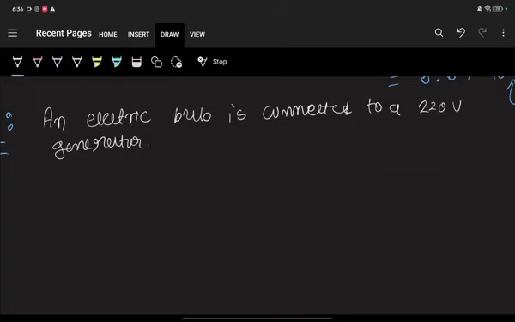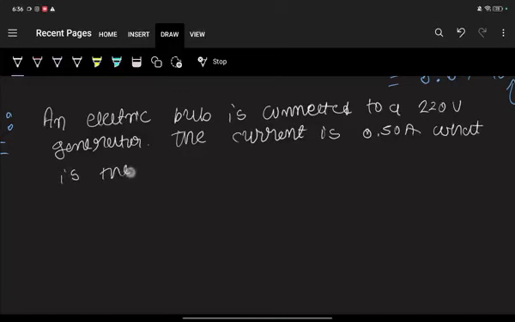The current is 0.50 ampere. What is the power of the bulb? Can you do this? Yes, sir. Try this. Let me know the answer.